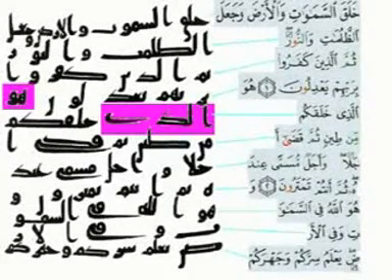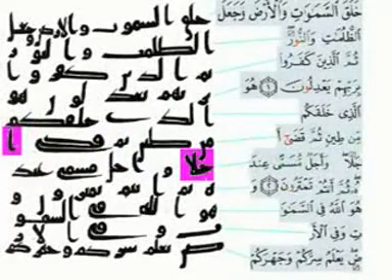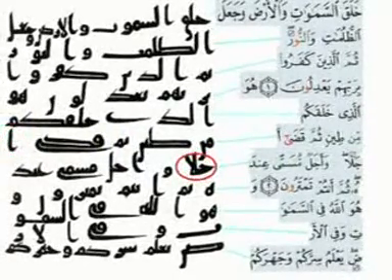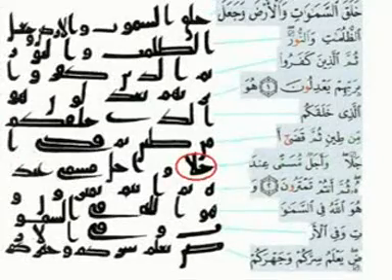Huwa alladhi khalaqakum min teen. Thumma qada ajalan. So alif is here and jim is here, next to the rest of the word. ثم قضى أجلا وأجل مسمى عنده.